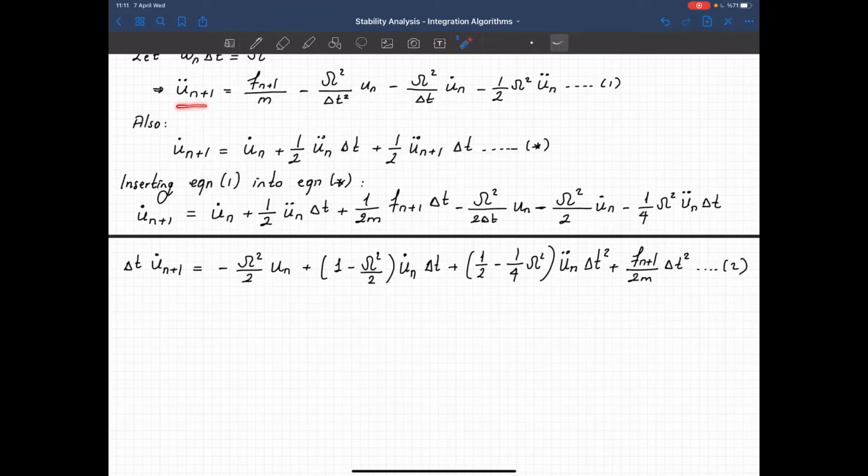Now the first equation relates the acceleration with the variables at the current time step, and the second equation also relates the velocities with the parameters defined at the current time step.